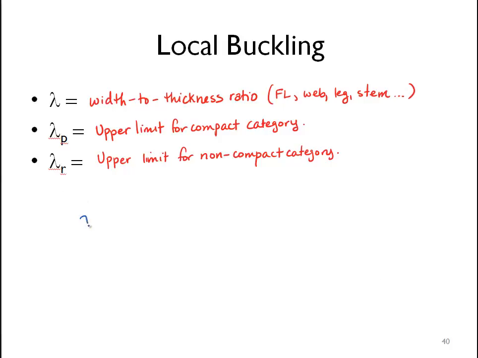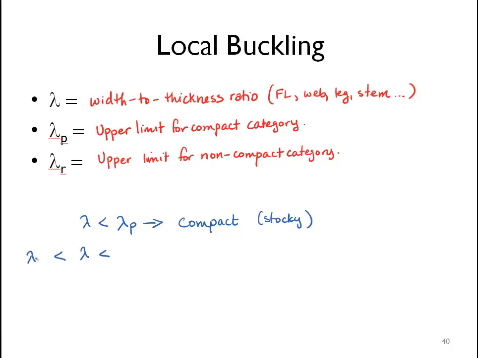So if lambda is less than lambda sub p, the element is classified as compact. Compact just means stocky. If the lambda you calculate for the element you're looking at is in between the limits of lambda sub p and lambda sub r, that element is non-compact. And if the lambda that you calculated is greater than lambda sub r, it's slender.